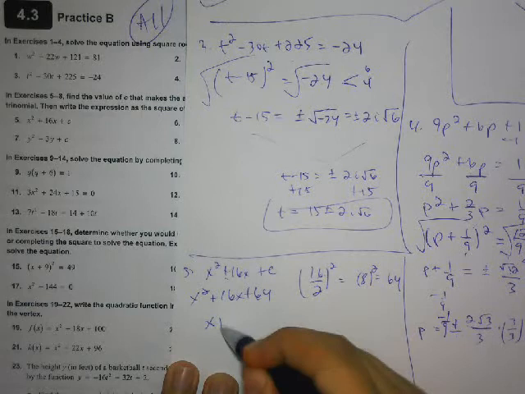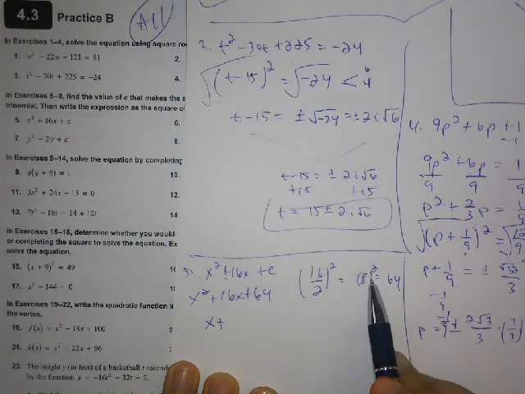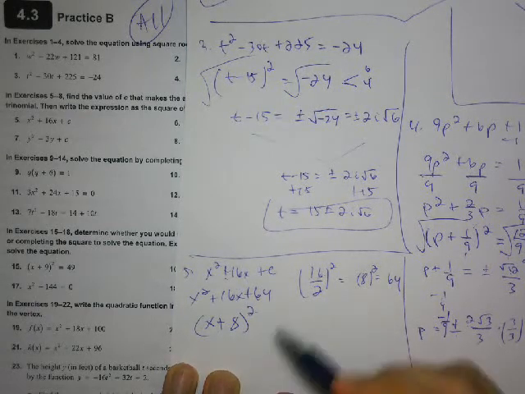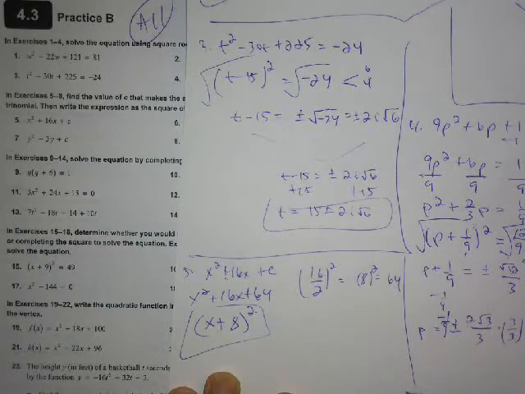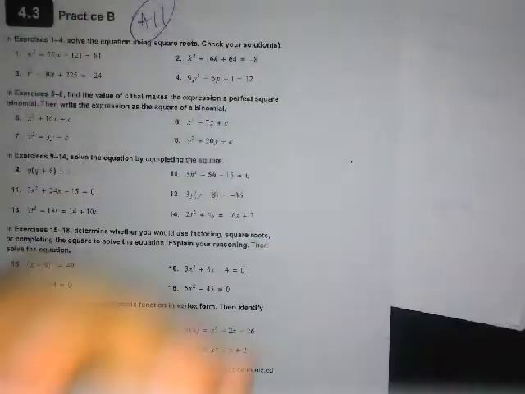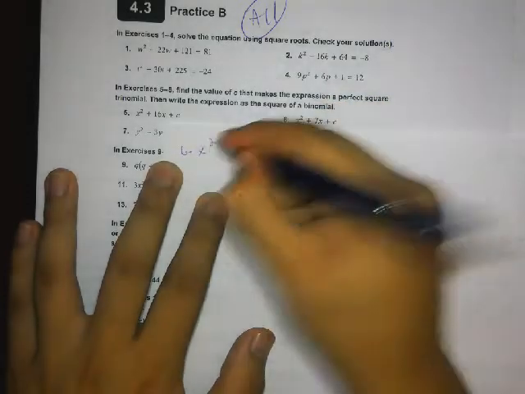Alright, number 6. Number 6 says x squared plus 7x plus c. We're going to take half of the middle term, so 7 over 2, then square it. 7 over 2 does not reduce, so we're just going to square everything. When you're squaring something like this, you square both the numerator and the denominator.